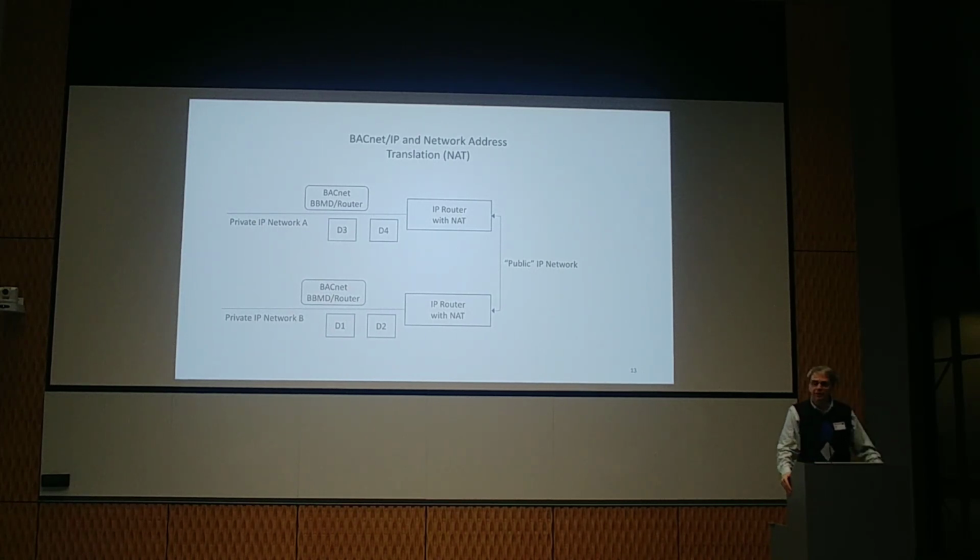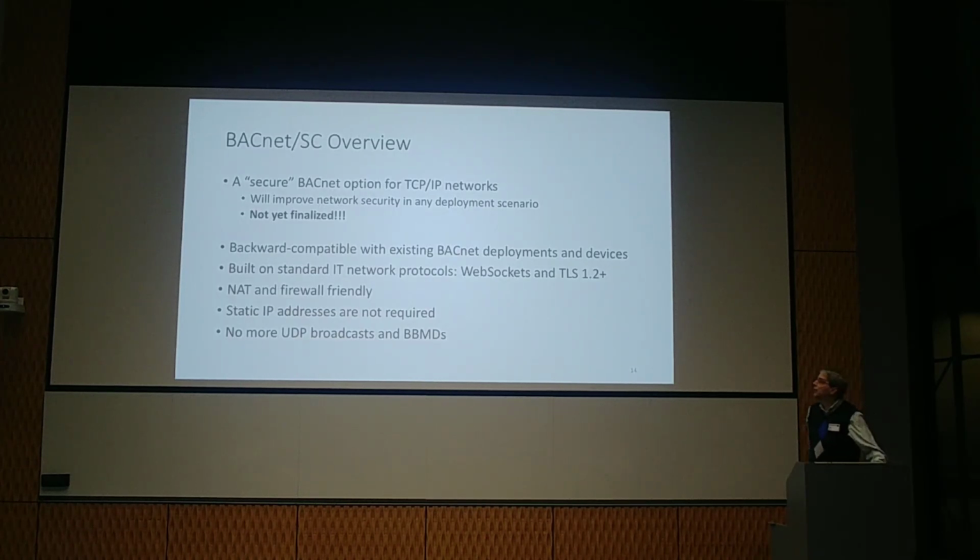So that's probably enough about NAT. What I'm hoping is that you're going to see that the proposed solution we have with BACnet SC solves some of these problems at least. Certainly not all of them. So, what are we trying to do with BACnet SC? Well, first of all, we're trying to do something that's more secure.